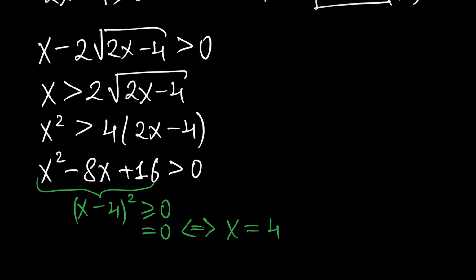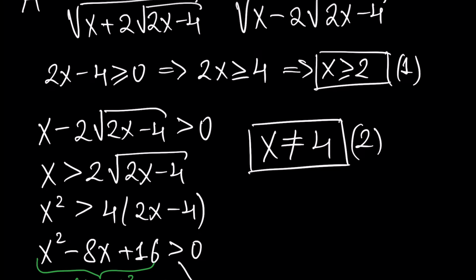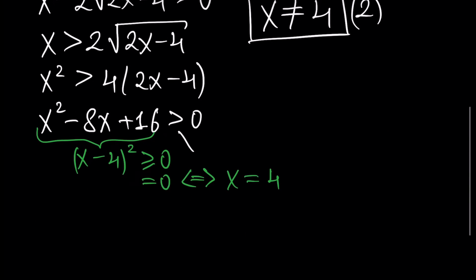And that's why the second condition is that x must not be equal to 4. So all in all, when x is greater or equal to 2, but x not equal to 4, our expression exists.